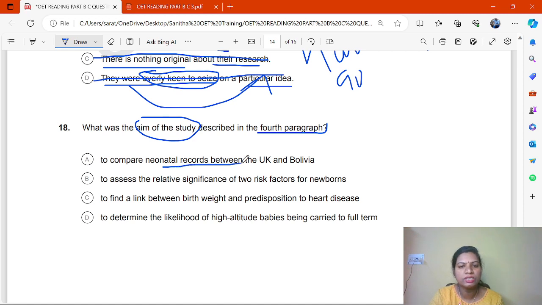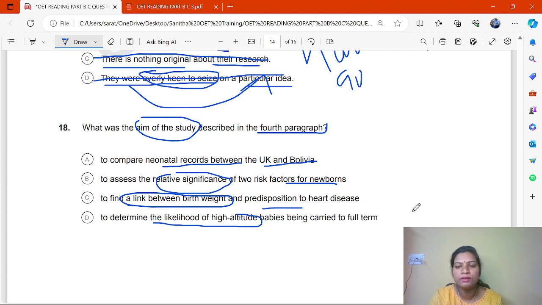To compare neonatal records between UK and Bolivia to assess the relative significance of two risk factors for newborns; to find a link between birth weight and predisposition to heart disease; to determine the likelihood of high altitude babies being carried to full term.